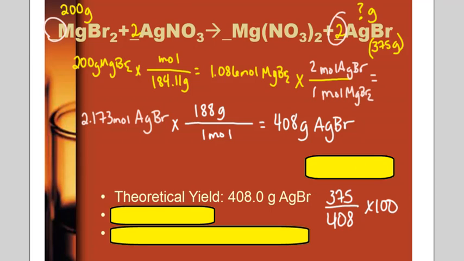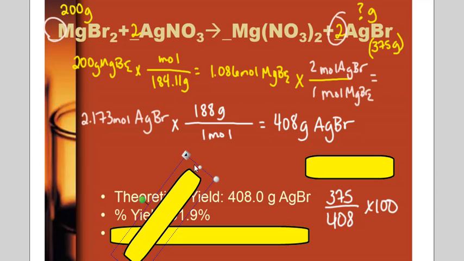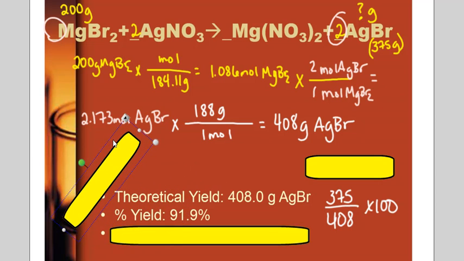That's going to give me my percent yield, which is 92% basically. And so that's how you do percent yield. You've got your formula, actual yield divided by theoretical yield times 100. From time to time you will have to calculate a theoretical yield based on stoichiometry.